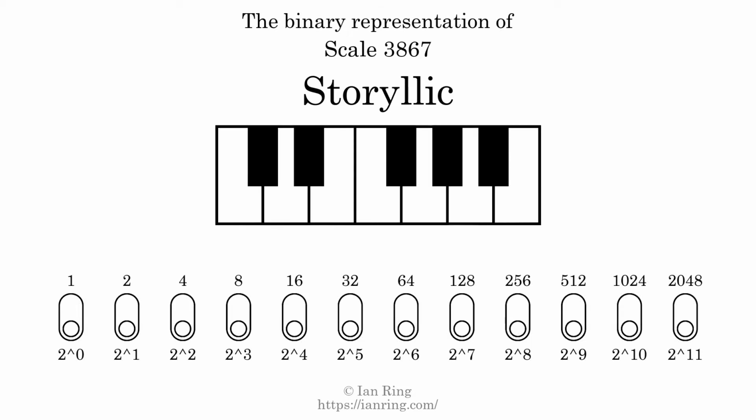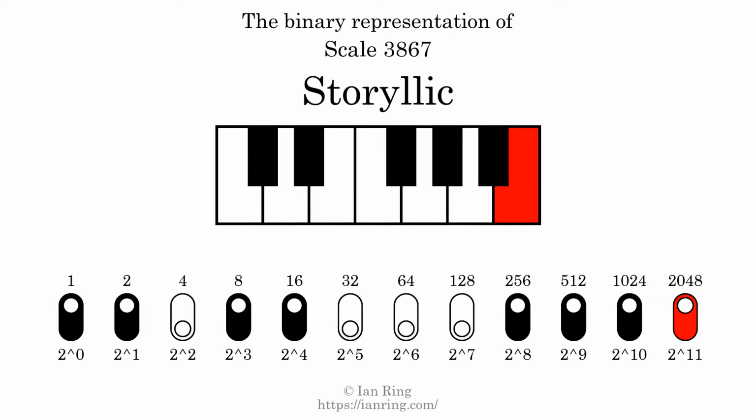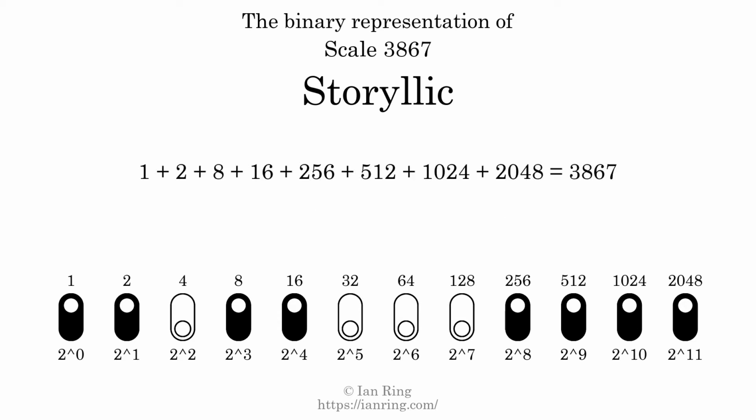The binary representation of this scale is determined by mapping tones of the scale to binary digits. Each binary digit represents a power of 2. To get the scale number, we add the powers of 2 together. The powers of 2 that are present in the scale, all added together, equals 3867.